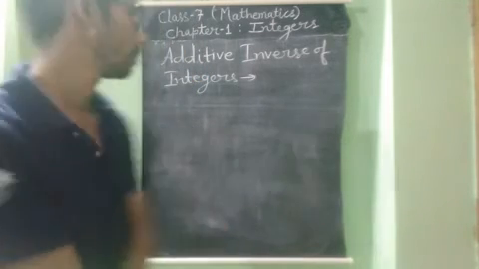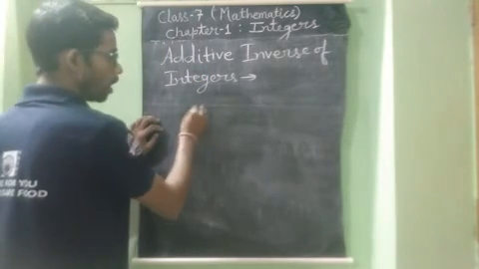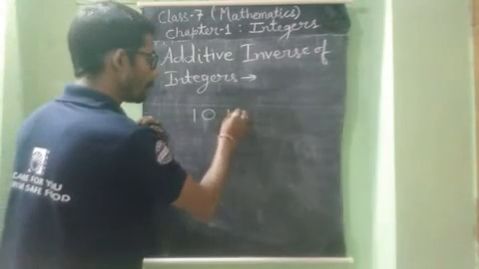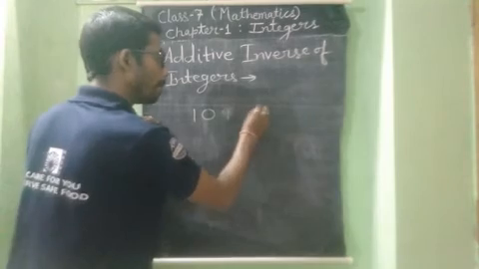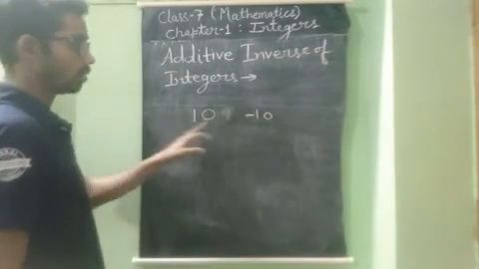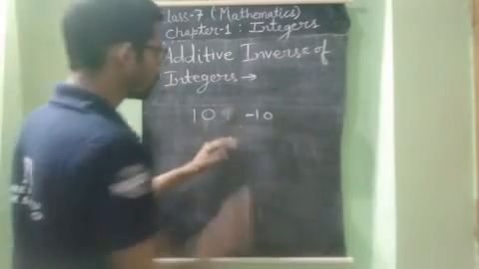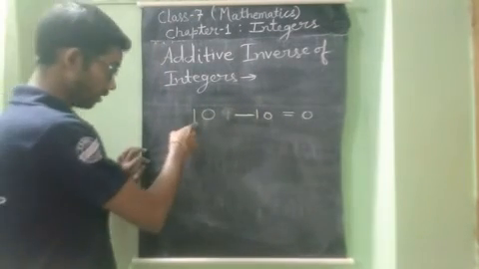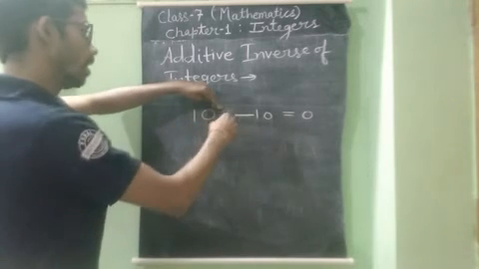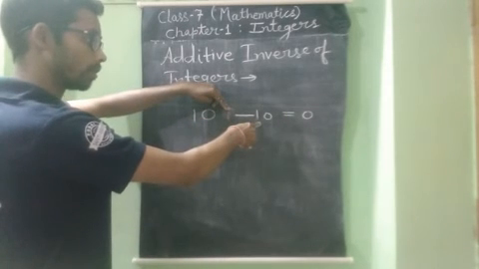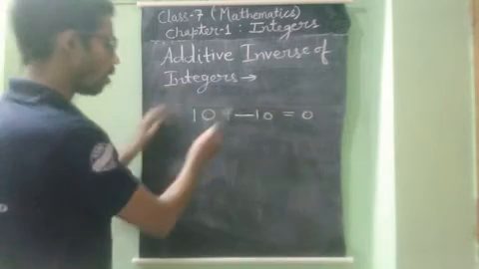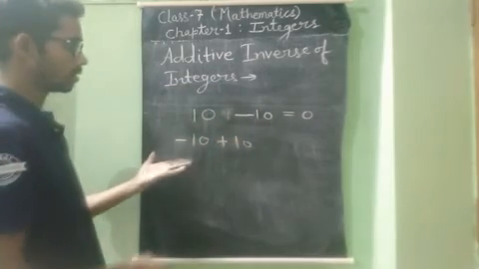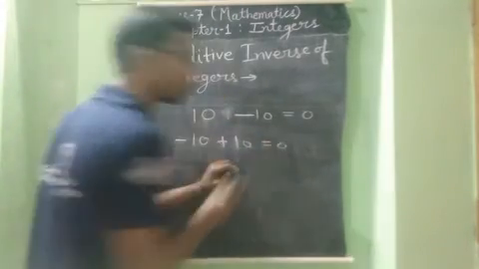For example, suppose you have 10 and you add minus 10 to 10, then these two become what? 0. So 10 is the additive inverse of minus 10, or you can add minus 10 plus 10. This also becomes 0.